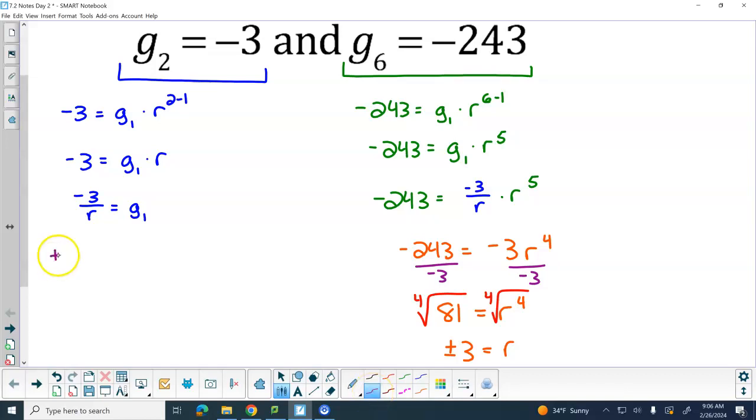So the first one I'm going to use is positive 3 as my r. If I use positive 3 as my r, negative 3 divided by positive 3 is going to be negative 1. So that would give me G sub n is equal to negative 1 times positive 3 to the n minus 1 power.